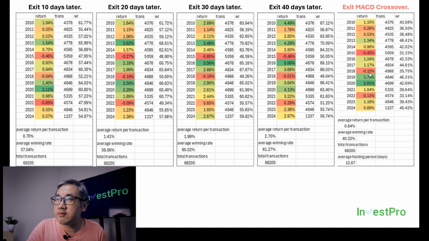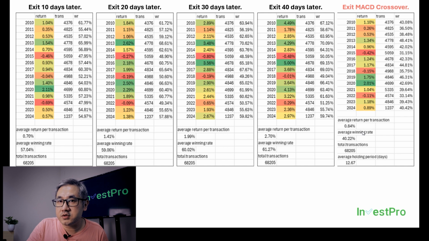Well, if I compare the MACD crossover exit technique to exiting 10 days later, talking about average return per transaction, the MACD crossover exit technique is slightly better, like 0.1 better.